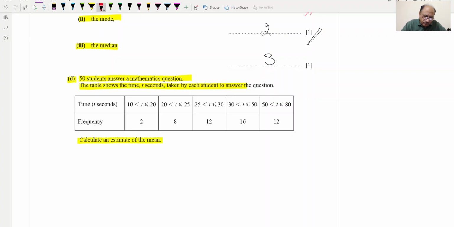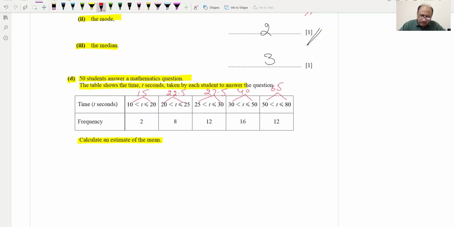So for the mean value, we can check the middle of 10 and 20, which will be 15, and 20 and 25 will be 22.5, the middle of 25 and 30 will be 27.5. You can add 25 plus 30 and divide by 2, and similarly this will be 40, the midpoint of 50 and 80 will be 65.